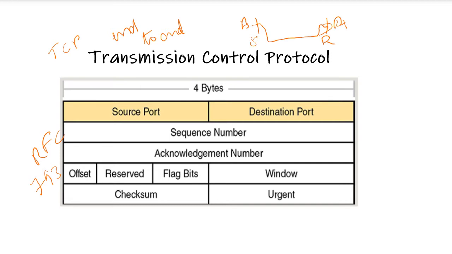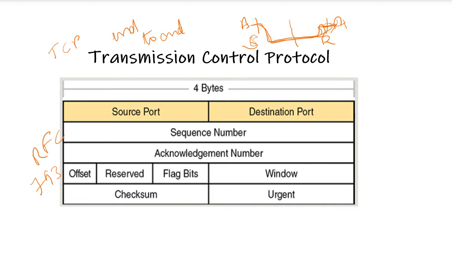Regardless of whether two computers are on the same Ethernet or they're separated by the entire internet, the end goal of TCP is to make sure that the applications sitting on them are communicating to each other. For example, the sender would be sitting in the US and the receiver would be sitting on the other end, let us say in Japan. But TCP makes sure that both of them are communicating end to end and there is no loss of data.